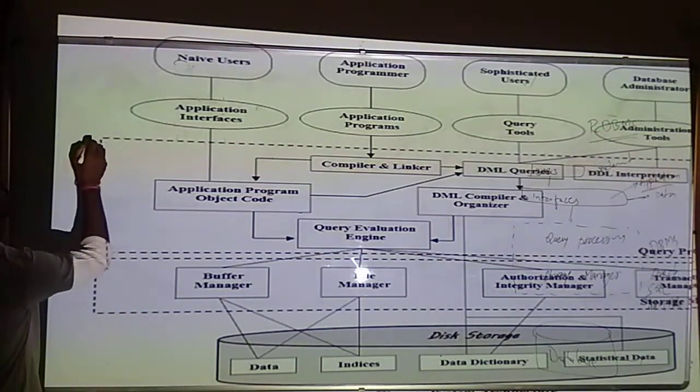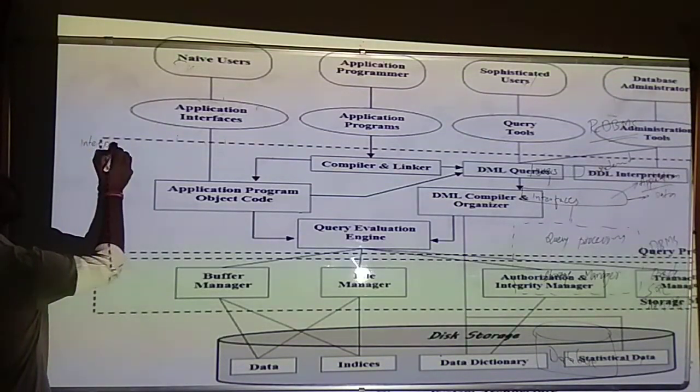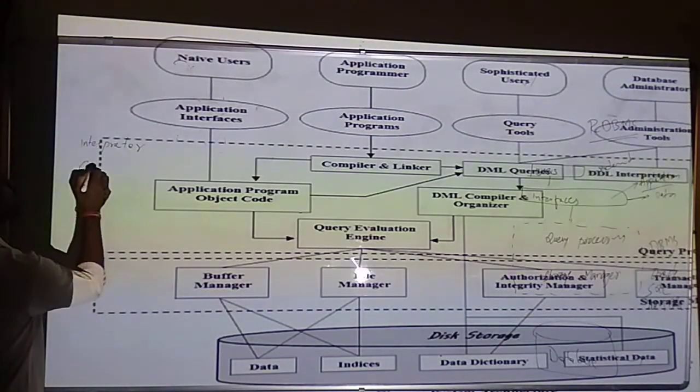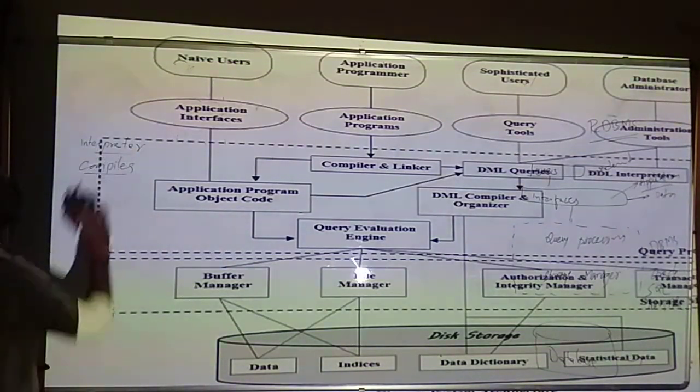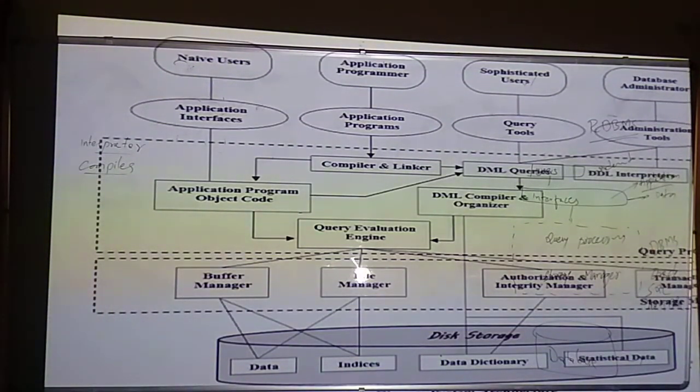What is an interpreter? Interpreter and compiler. Compilers and interpreters are used to convert your high level language into low level language, which can be understood by your machine, and they check the errors in the code you give.